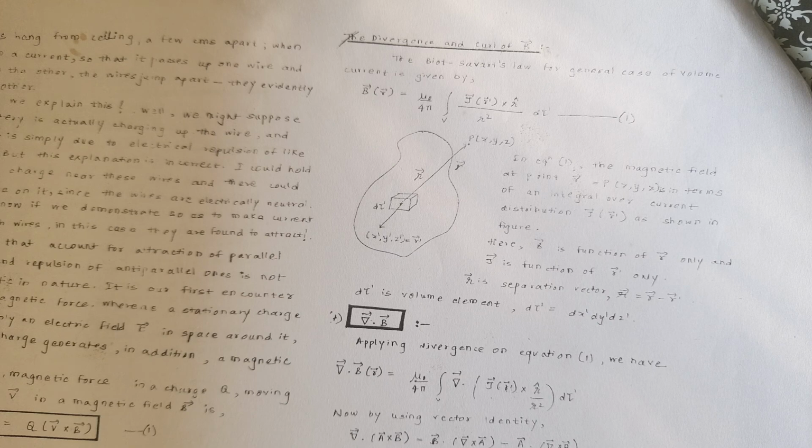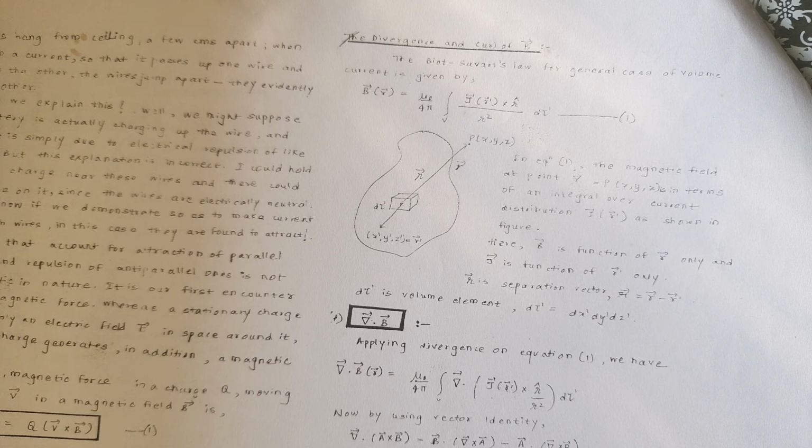So in this equation the magnetic field at point r bar, that is P(x,y,z), is given in terms of an integral over a current distribution J of r prime, as shown in this figure. Here B bar is a function of r bar only and J bar is a function of r prime only.